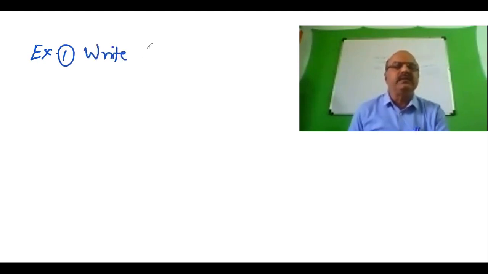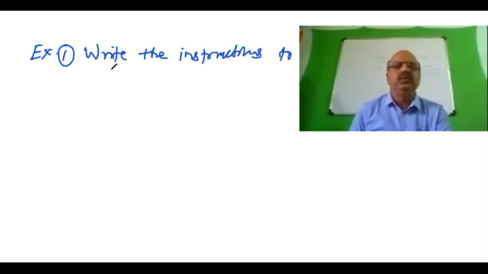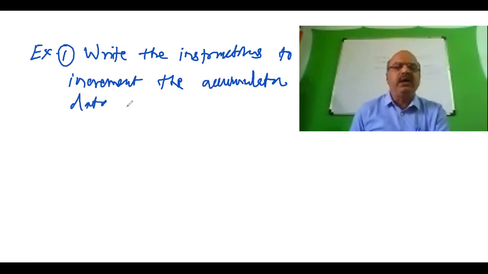Write the instructions to increment the accumulator data from 00 until it becomes 55H.